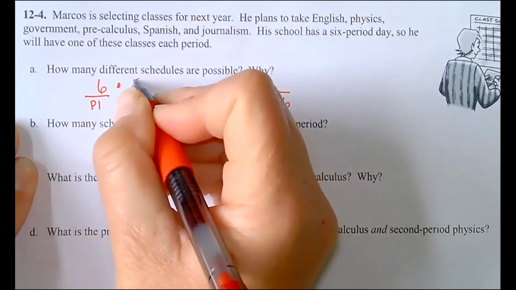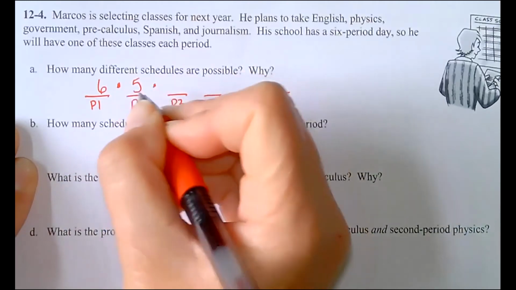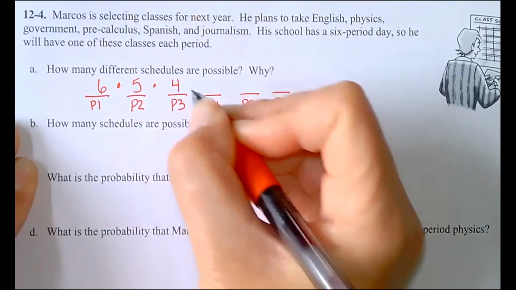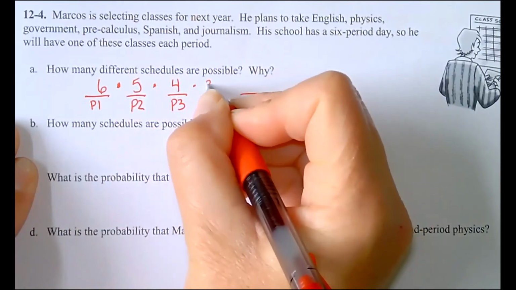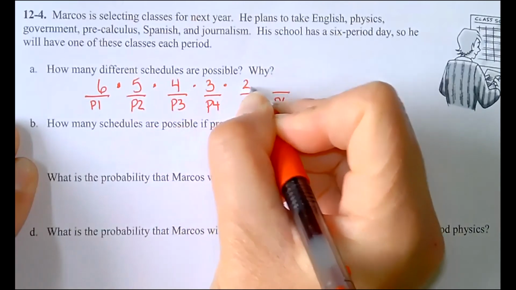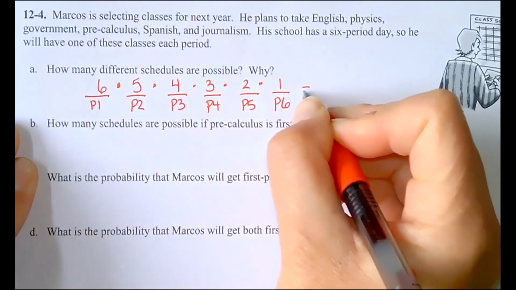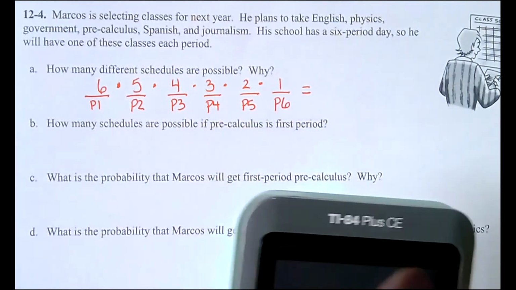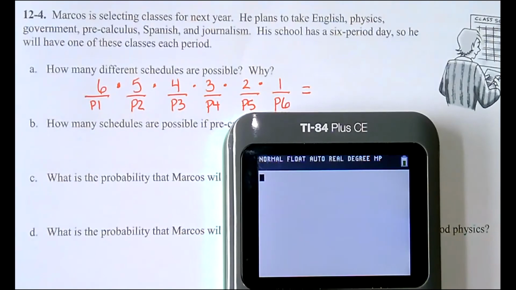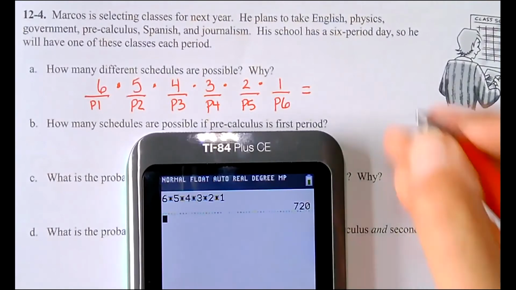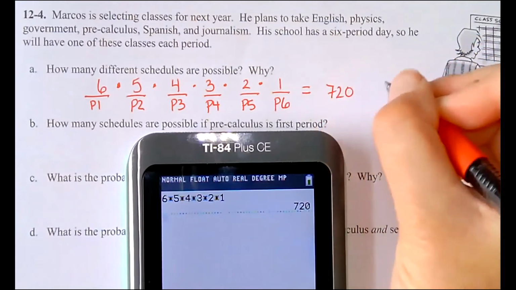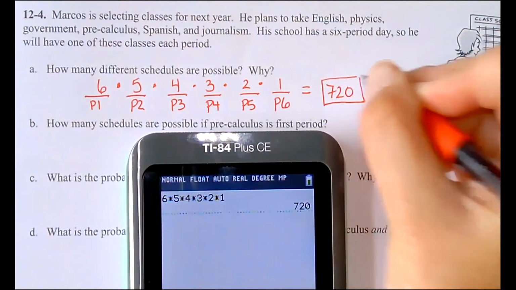So now he only has 5 choices for period 2, 4 choices for period 3, then 3, then 2, then 1. So when we put that in our calculator, 6 times 5 times 4 times 3 times 2 times 1, we end up with 720 different class schedules that he can have.